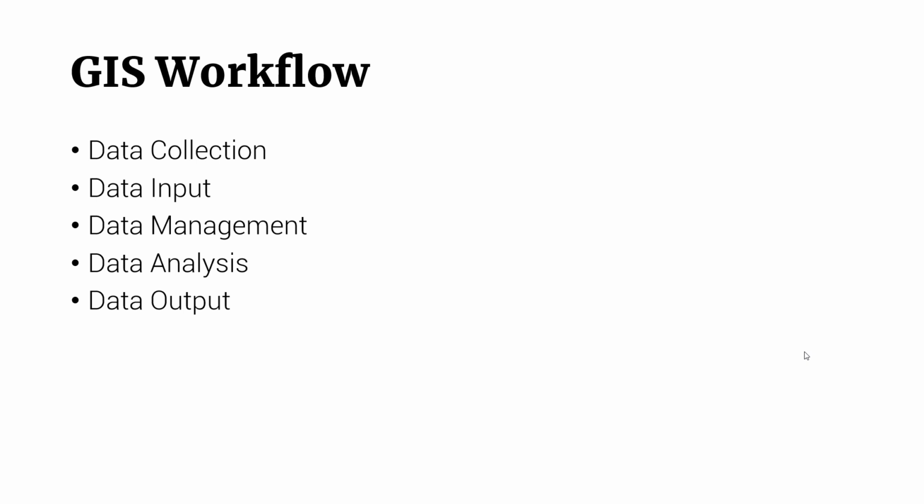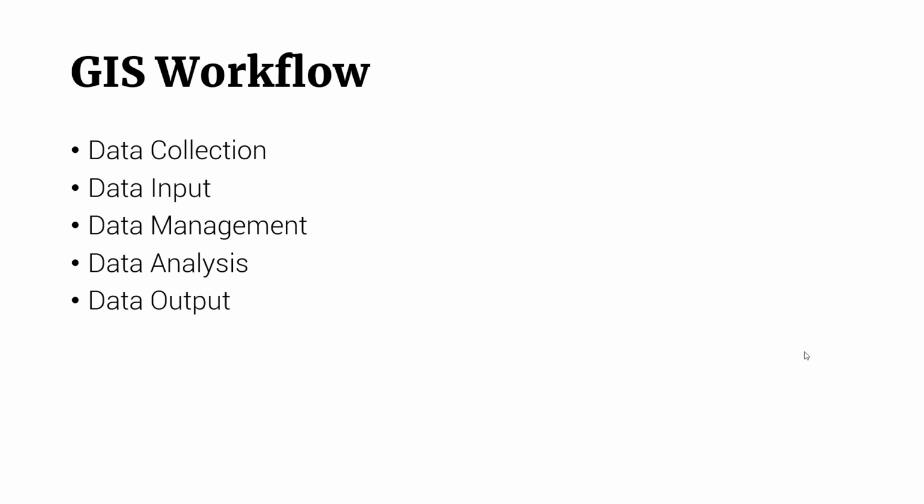You offer to the authorities that I have a map here, half of this is paved, the other half is not. So what actions can you take in order for this road to be 100% paved? So that's data output.